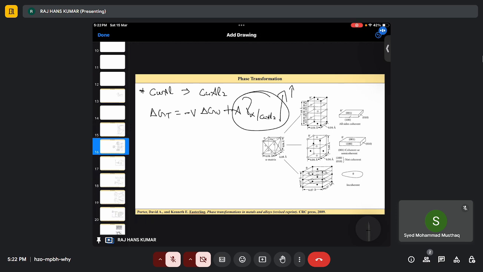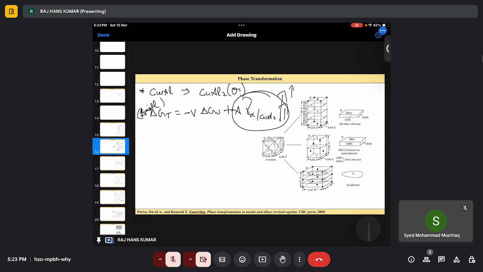So there is a very low amount of delta G, or free energy, available to transform alpha phase to the theta phase, which is totally incoherent and takes a large amount of interfacial energy. And because of this, we will have a very small total free energy change.